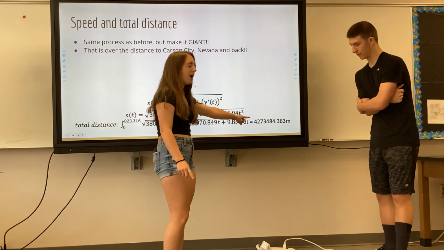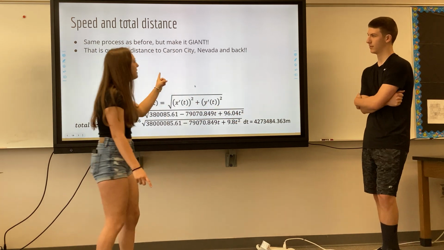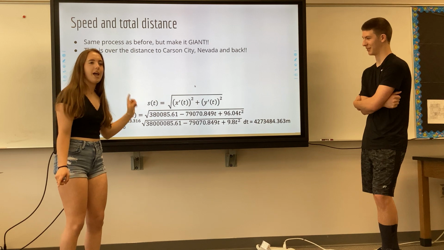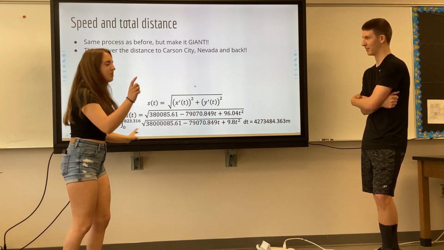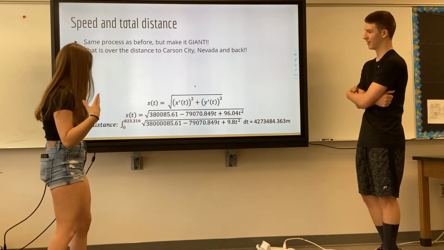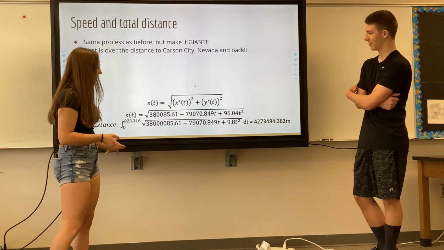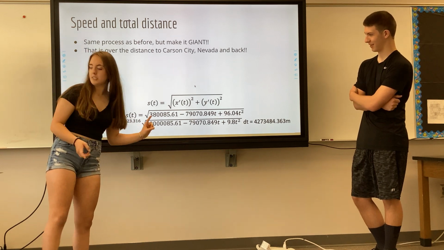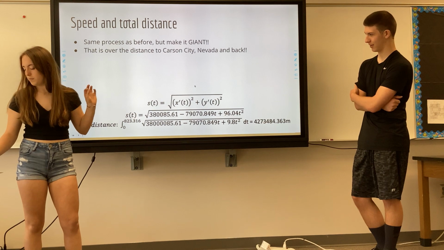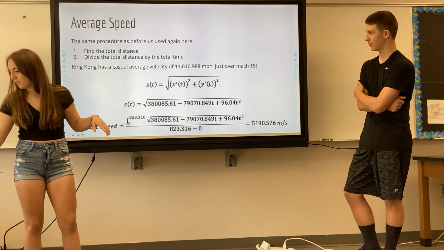That is the path of the ball distance, which is approximately to Carson City, Nevada, and back. Not just to there, but back. You have to be specific about that. They're really big numbers, so I kind of worried about scaling, looking at it.